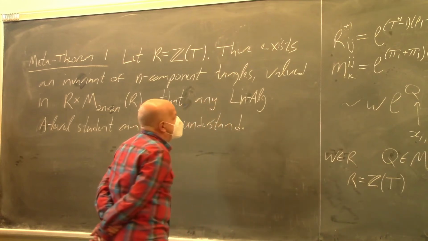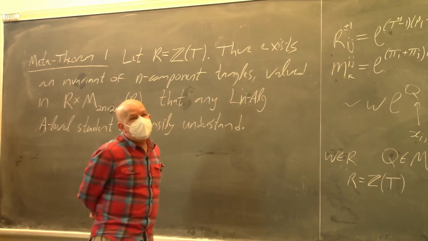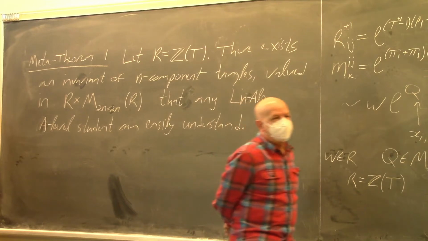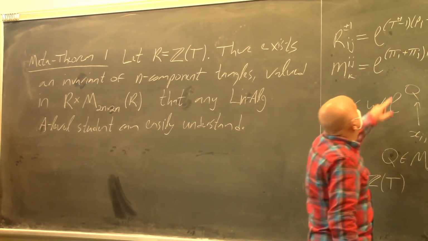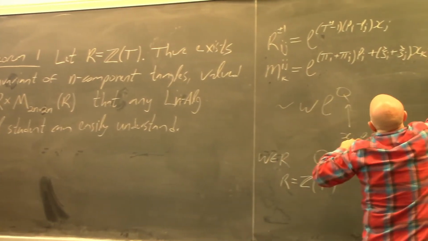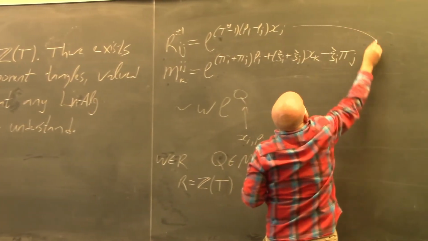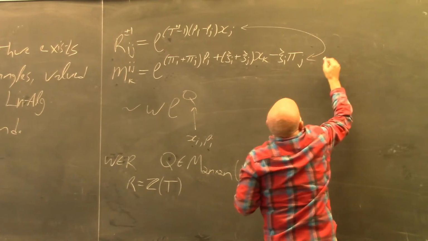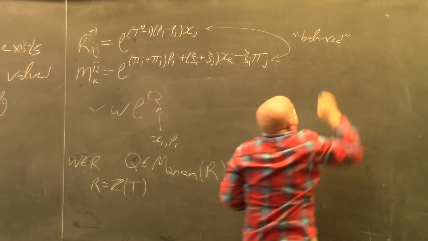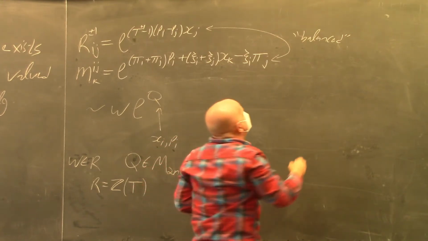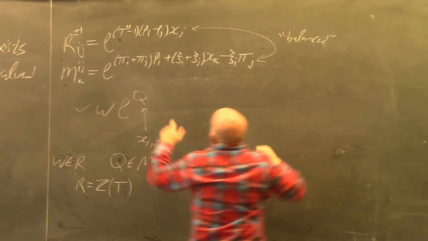Okay. Except I missed a point to our benefit. Both of these quadratics are what I will call balanced. What does balanced mean?